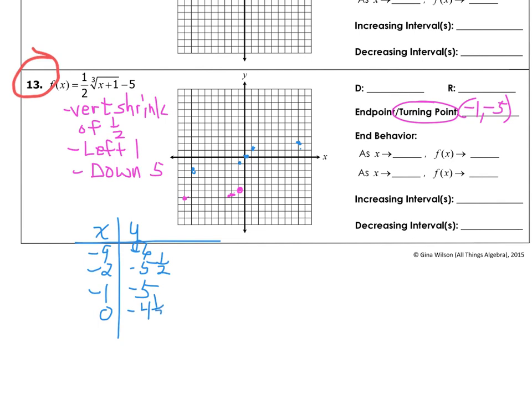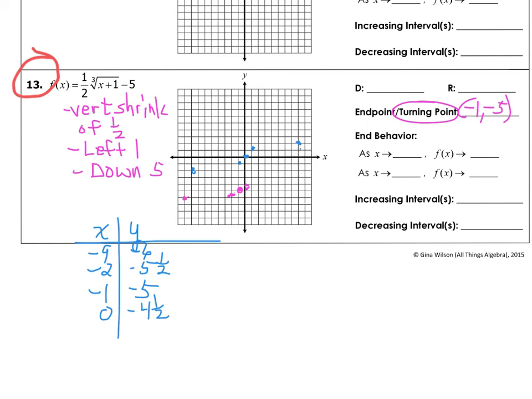So let's plot that. So 0 down, 1, 2, 3, 4, and ooh, a half. It's going to be real close. Oops, right there. Well, you get the idea. Okay, so then our last point is this one's going to be moved left 1. So left 1, that's a +8.